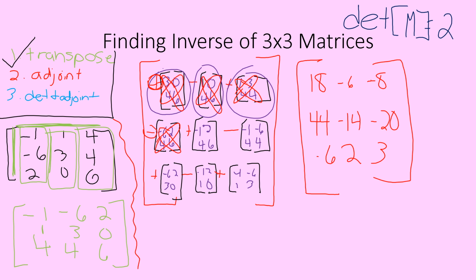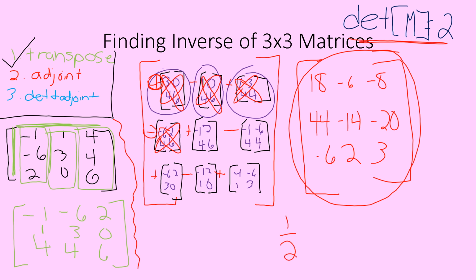And then you're going to multiply this by 1 over the determinant, which was 2. And when you do this, you're going to get your final answer.